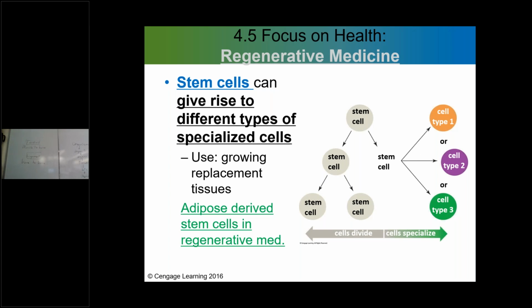And hey, how about if we could then regenerate nerve cells in order to help them regain the ability to walk? Would be remarkable, right? Well, at this point in time, the technology is not there yet, okay? They're still doing the research and trying to do this, but we can do certain things.